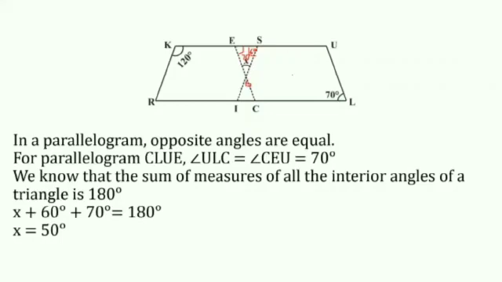Now for this second parallelogram CLUE, this angle L is 70 degrees. So opposite to that, this E is again 70 degree. Now considering this triangle only, X plus 60 plus 70 is equal to 180 degree, and using that we are getting the value of X as 50 degree.